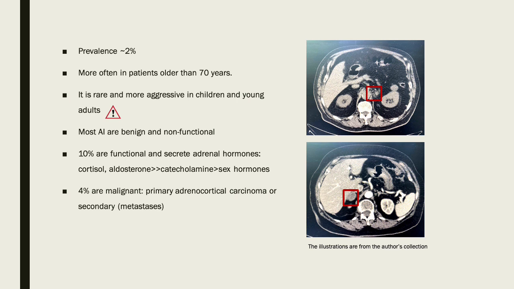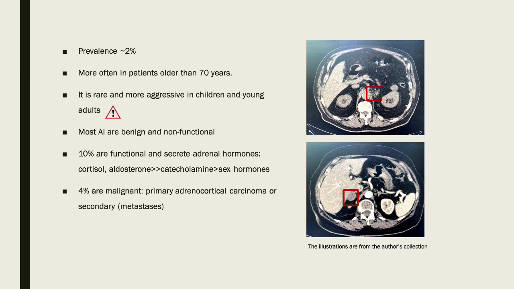Adrenal incidentalomas are usually discovered during thoracic and abdominal scanning as a part of the investigation for an acute or chronic condition. They are detected in 2% of the general population and 7% of people older than 70. Adrenal incidentalomas rarely appear in children and young adults.